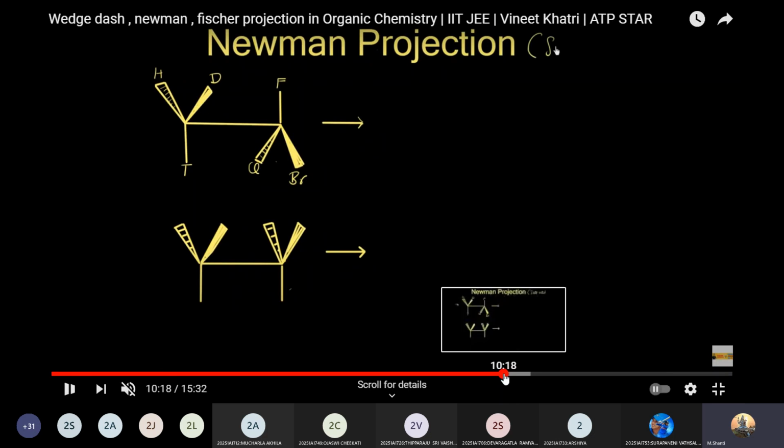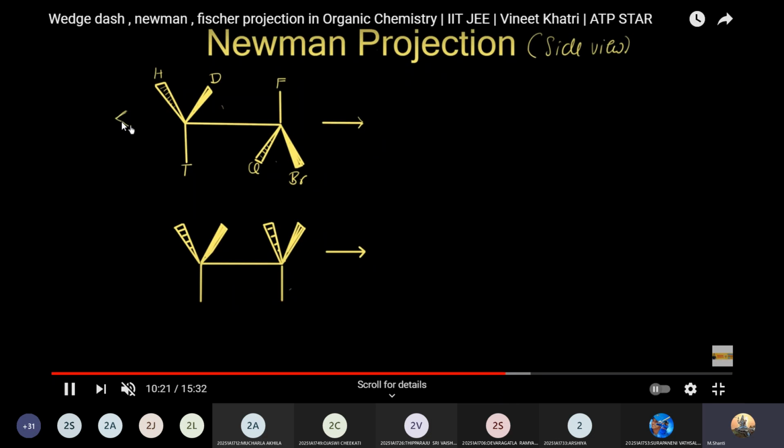The observer will be watching this molecule from this side, from this angle. If an observer is watching this molecule, this will be your front carbon, and this one will be your back carbon. So this is the first circle, front carbon. Second circle is back carbon.